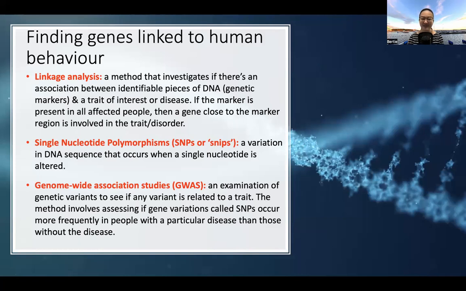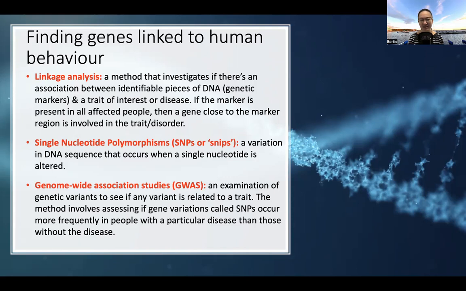If the marker is present in all affected people, then a gene closer to the marker region is involved in the trait or disorder. Single nucleotide polymorphisms, or SNPs. It's a variation in DNA sequence that occurs when a single nucleotide is altered.